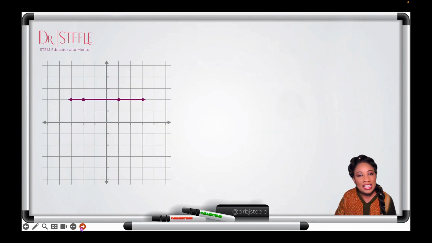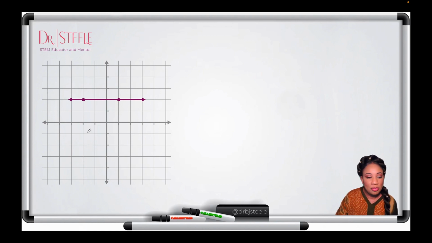Now, here is, like I was saying earlier, that slope that we were going to get back to. Now remember, our slope is rise over run. So, if I'm trying to go from this point to this point, I'm not rising at all, right? So, that'd be 0. I'm just running for fun.